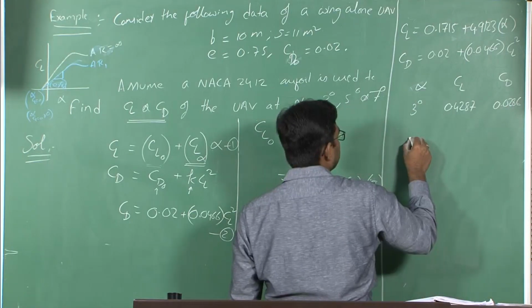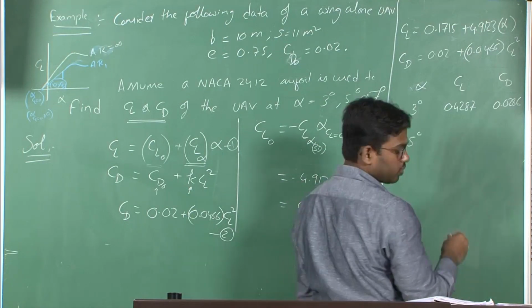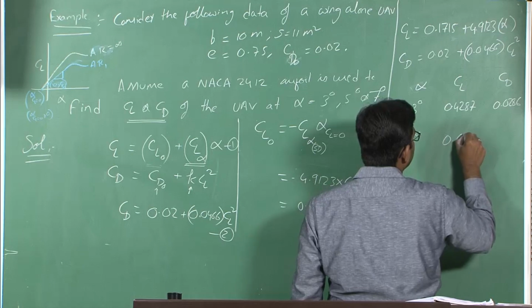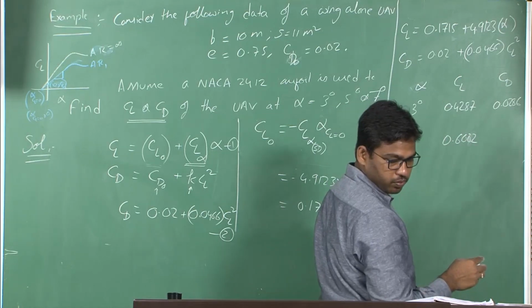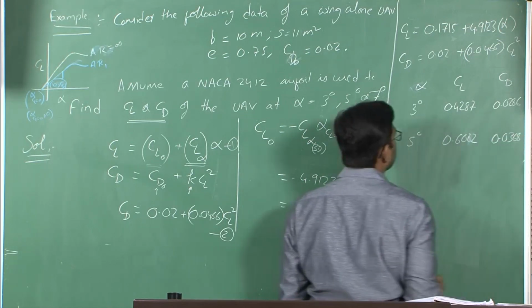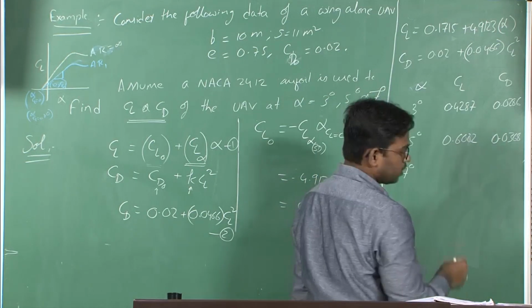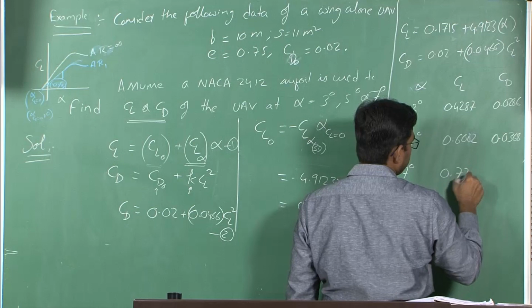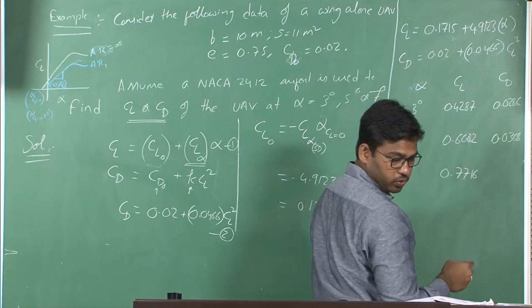At 5 degrees the CL value is 0.6002 and the CD value is 0.0368. And at alpha 7 degrees, CL is obtained as 0.7716 and CD is 0.0478.